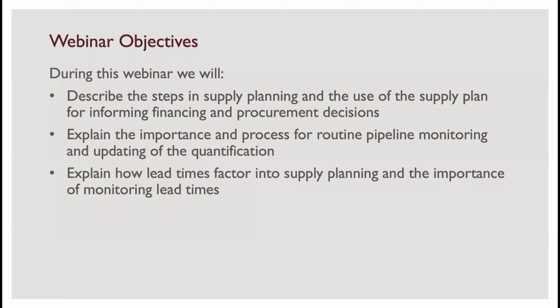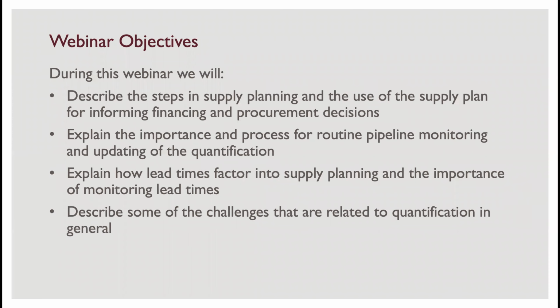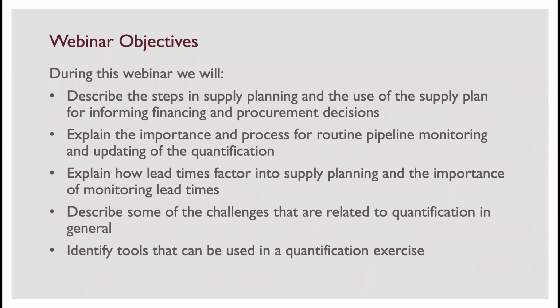Explain how lead times factor into supply planning and the importance of monitoring lead times. Describe some of the challenges that are related to quantification in general, and identify tools that can be used in a quantification exercise. And of course, we'll also provide instructions for the post-webinar game that's ongoing from the previous webinars.